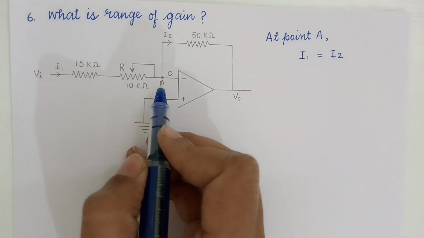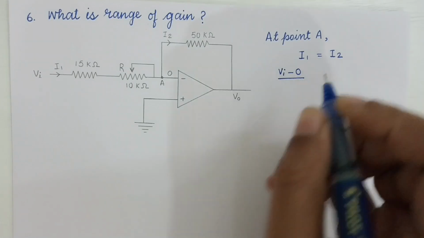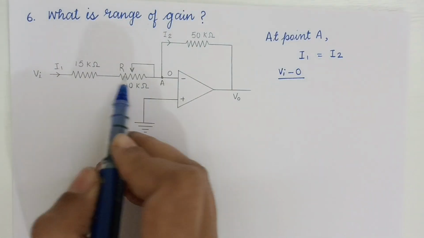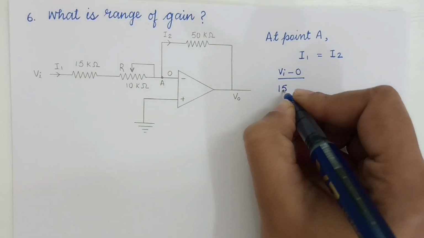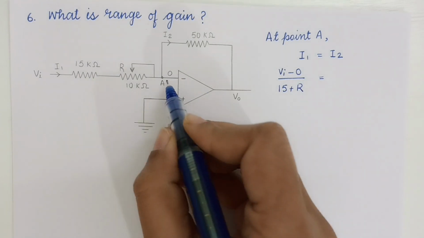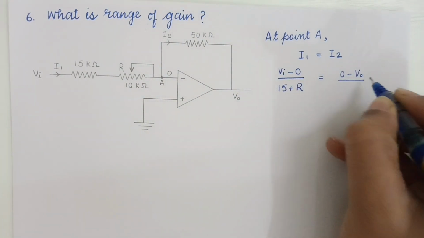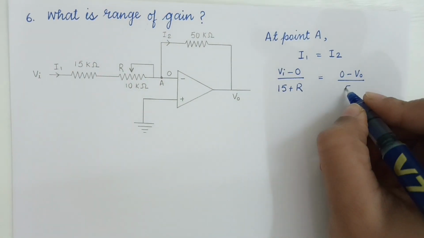So Vi minus 0 divided by, as I told you, these two resistances are in series, so we're going to add them, 15 plus R, is equal to 0 minus V naught divided by its resistance, that is 50 kilo ohm, so 50.